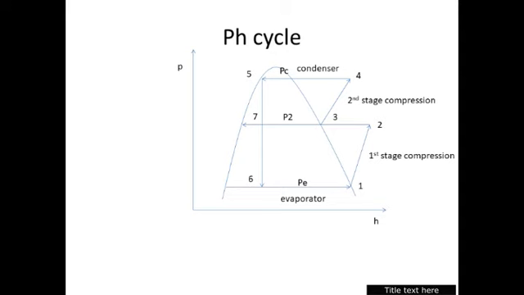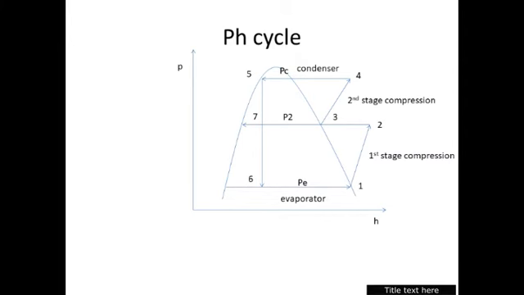From 2 to 3, the mass of the superheated vapor will increase and the volume decreases inside the intercooler. Because of that, from 2 to 3, the superheated vapor will convert into dry saturated vapor, because we need dry saturated vapor at the entry of the second stage compression. Because of that, we need an intercooler.